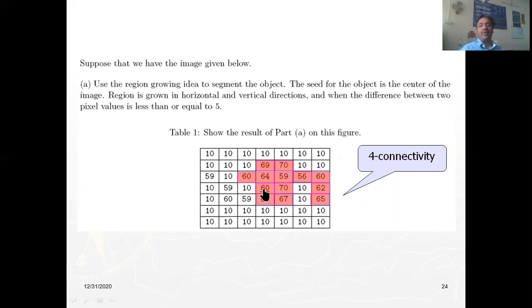After that, you select the next pixel which is already in the region as the seed pixel, and again compare its horizontal and vertical pixels, and they can be added if the difference is less than or equal to 5. Otherwise, those pixels can be omitted. So this is the result which we obtained by using 4 connectivity.